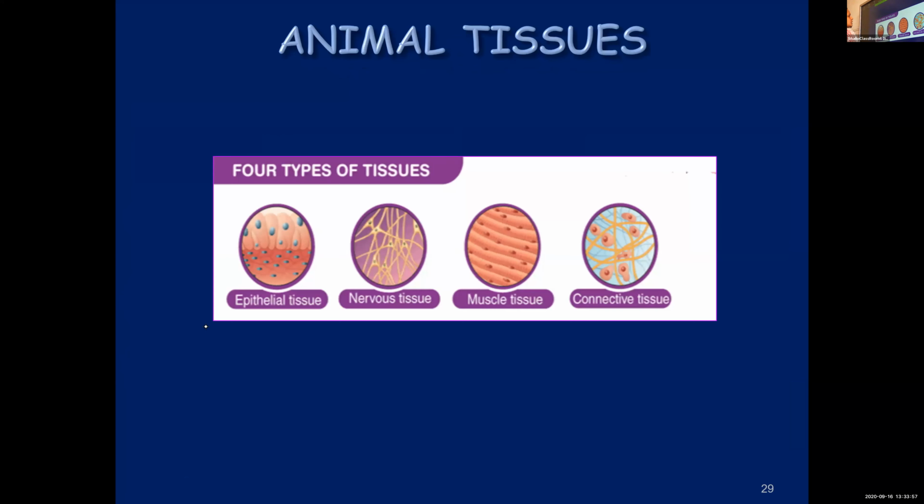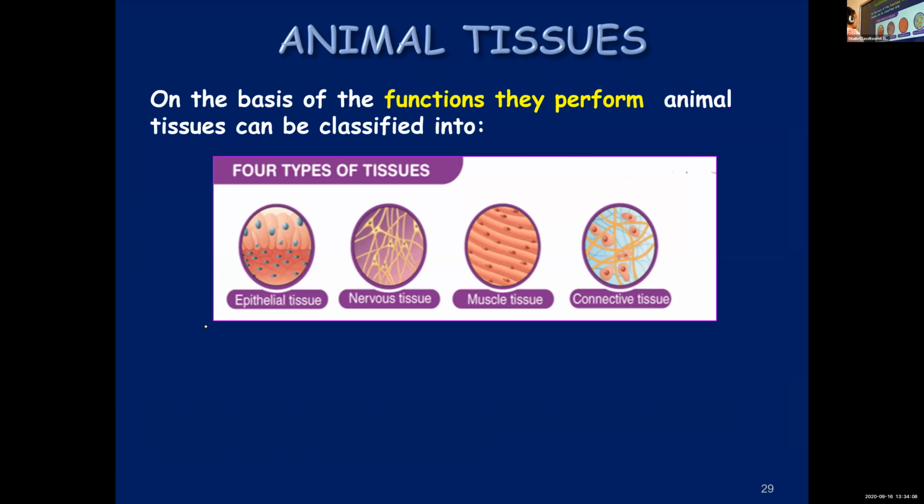Okay, so this is about animal tissues. You can see the picture of those 4 tissues I mentioned: connective tissue, muscular tissue, nervous tissue, epithelial tissue. On the basis of the functions they perform, you can categorize animal tissues into 4.